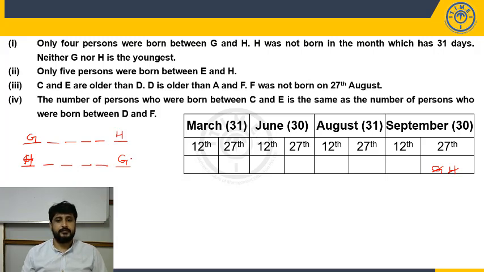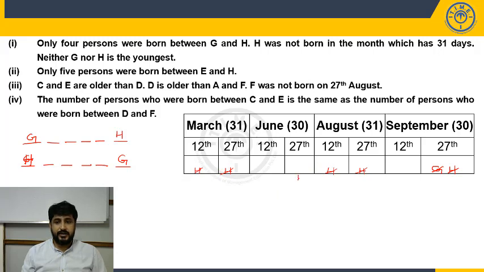Let's check it. H should not be born in a month having 31 days, so H should not be here.